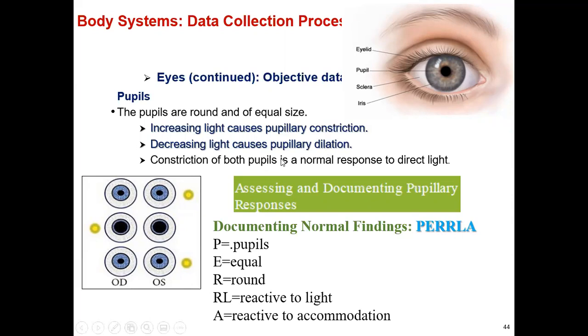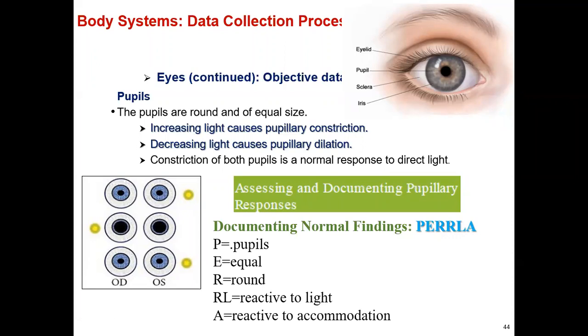Constriction of both pupils is a normal response to direct light. So when we check left and right eyes, assess the eye, and keep documentation of the pupillary response, in a normal, healthy individual, both pupils will be equal in size, both will be round and reactive to light, meaning constrict because of light.